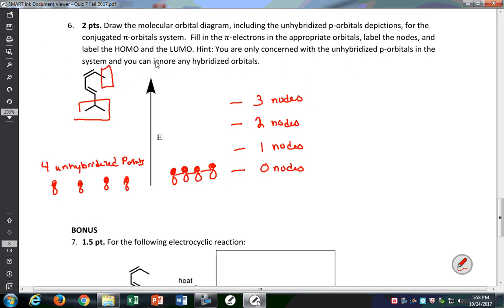They're completely bonding, so the electrons can be shared between all p orbitals. Our completely anti-bonding one is going to have the most nodes. That's 3, so it's going to be red up, red down, red up, red down. That means that we have a space of 0 probability that the electrons will be there. So we have 1, 2, 3 anti-bonding interactions.